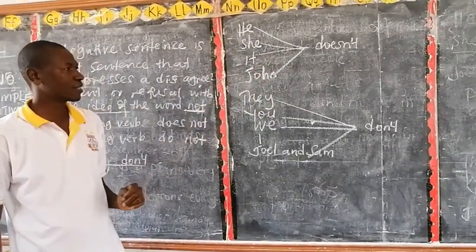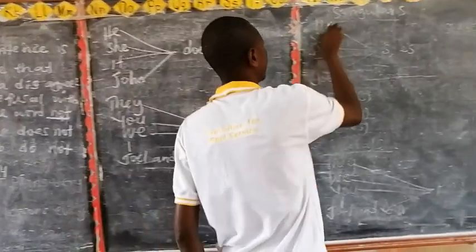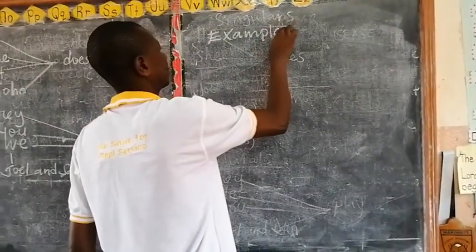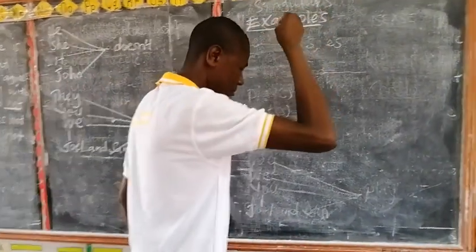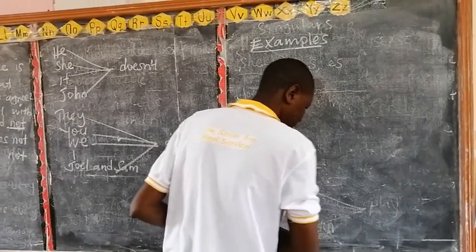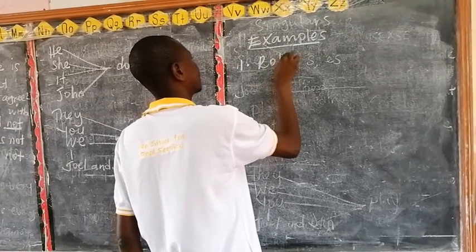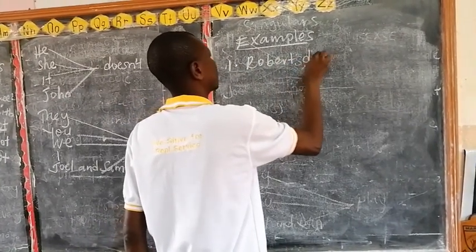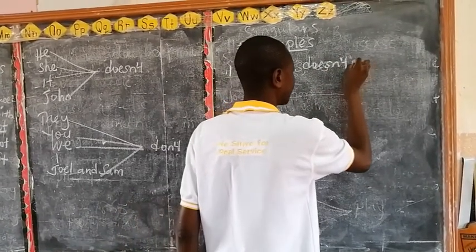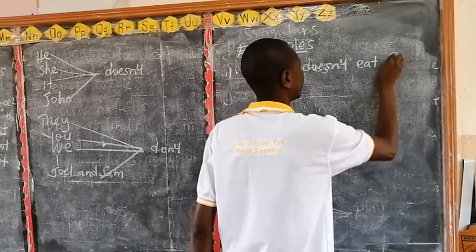I am going to give some examples here. Let's look at some examples here. Examples can be: one, Robert doesn't eat fish.